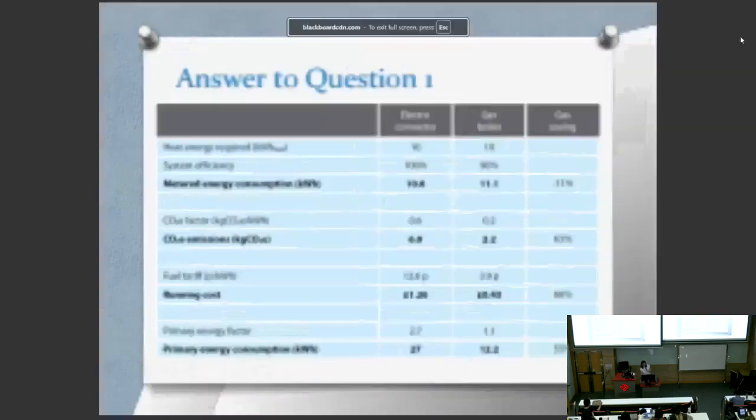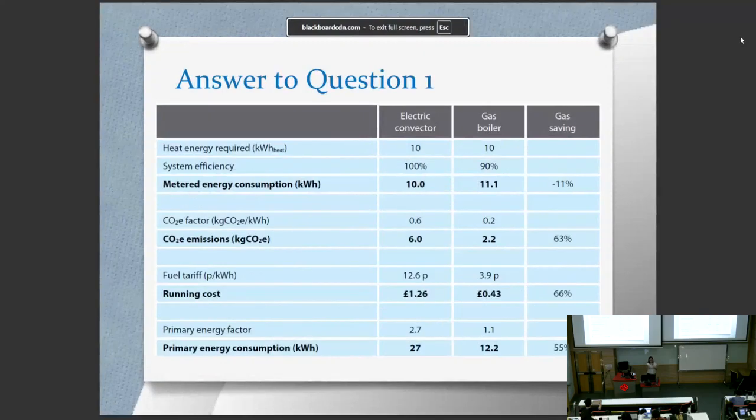So the calculations will be summarized in this table. For electric heater or the gas boiler, we need the output of 10 kilowatt hour of heat energy. And for the electric heater, the system efficiency is 100%.